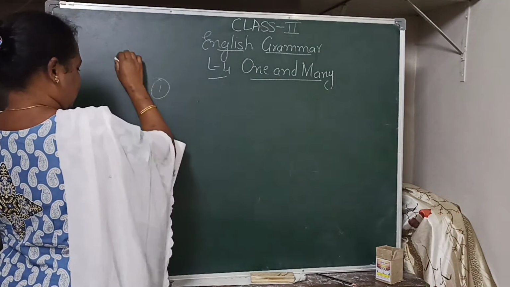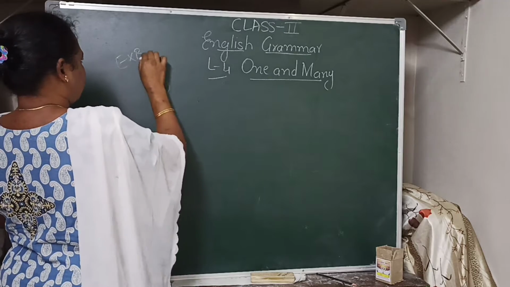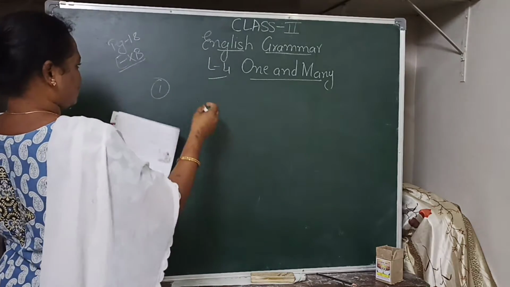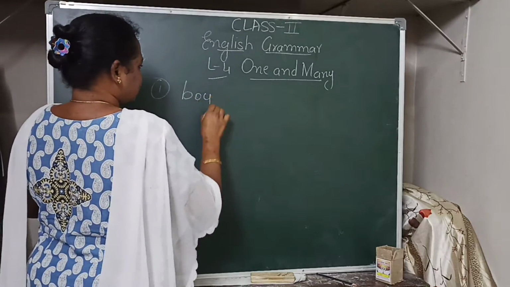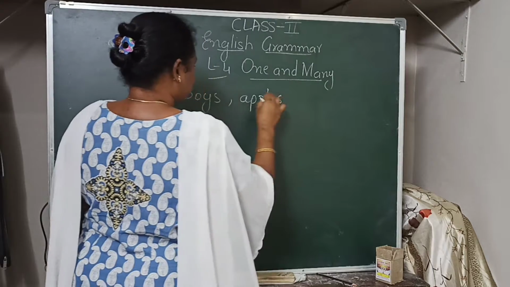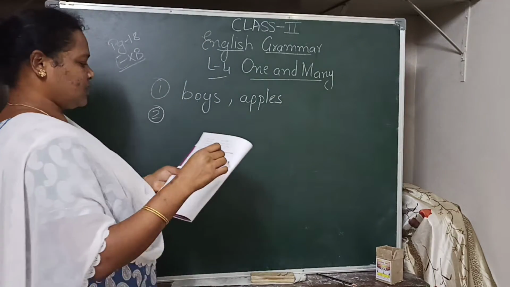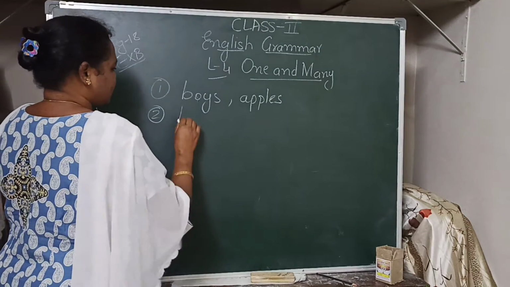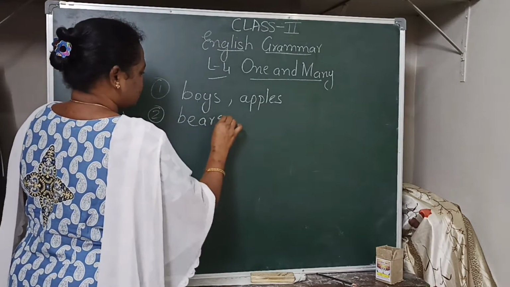First one, exercise B, page 18. Boys and apples. The dash are jumping. In the bracket they have given bear, so just we have to write bears.